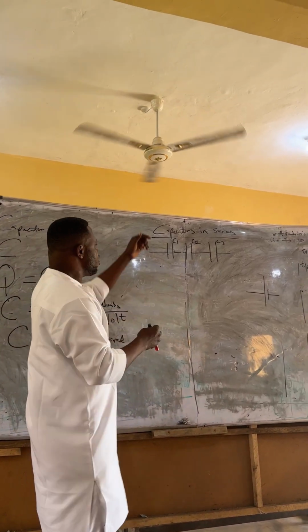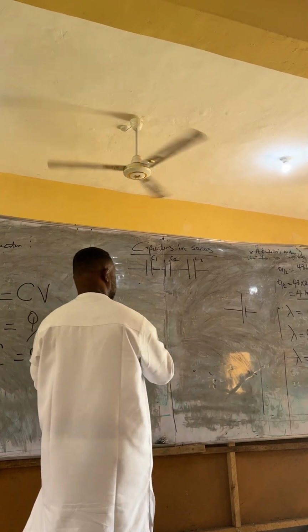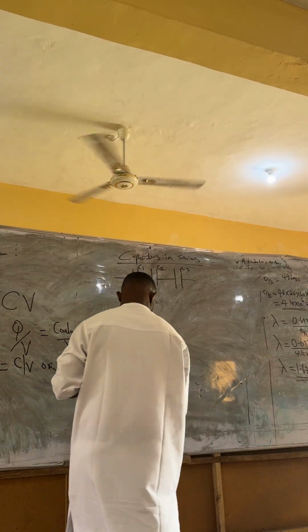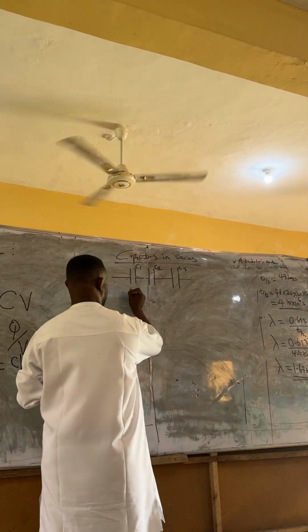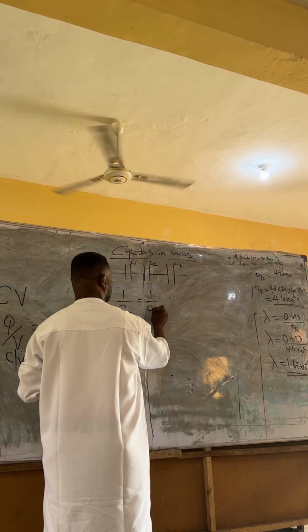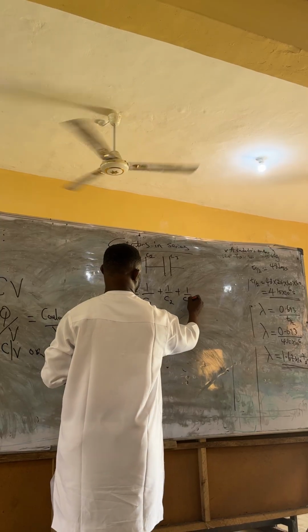Now if they ask you what will be the equivalent capacitance when they are in series? The equivalent capacitance will be given as 1 over C total equals 1 over C1 plus 1 over C2 plus 1 over C3.